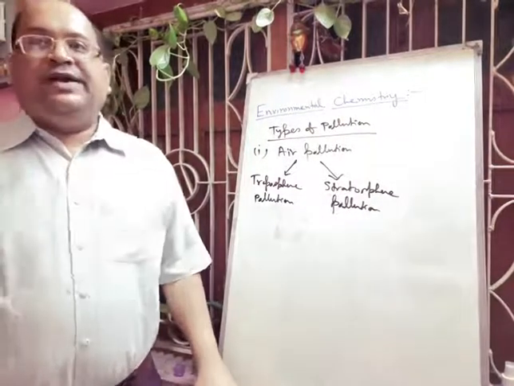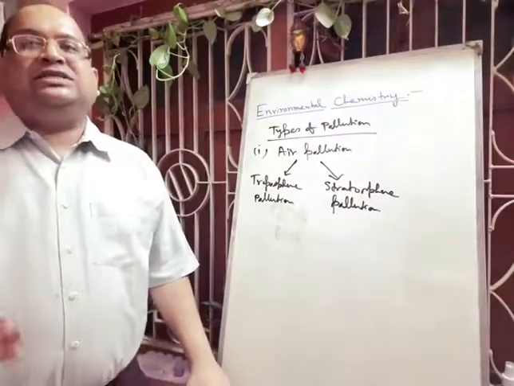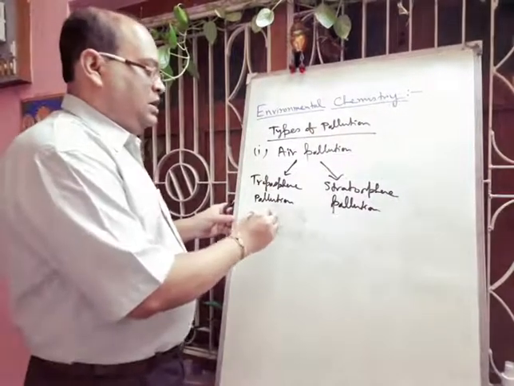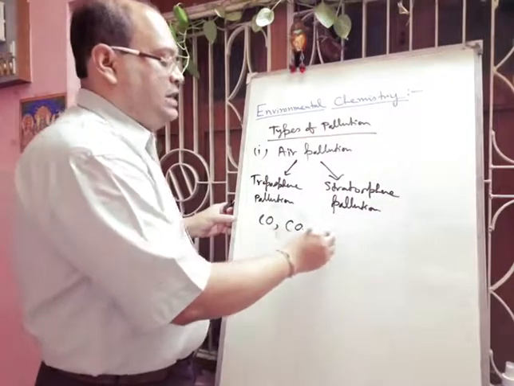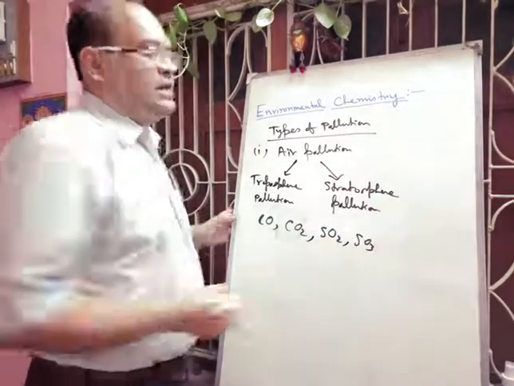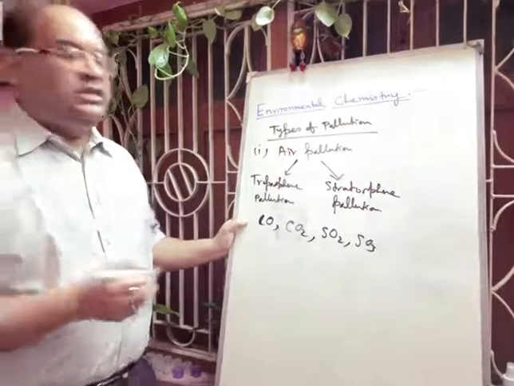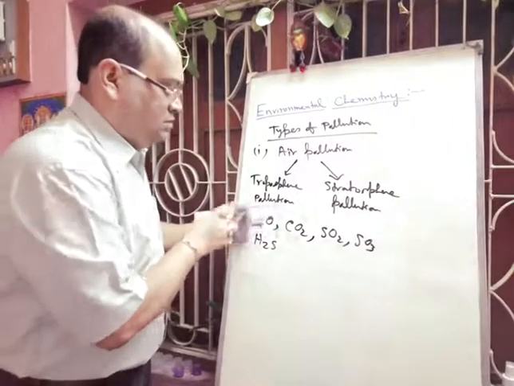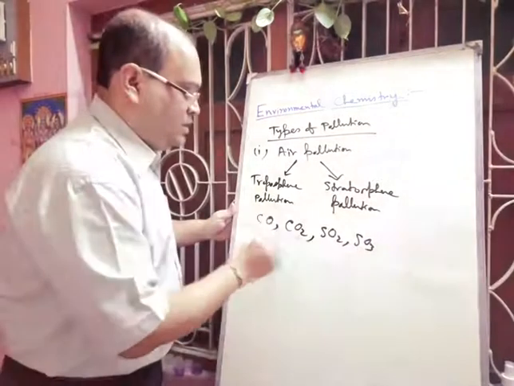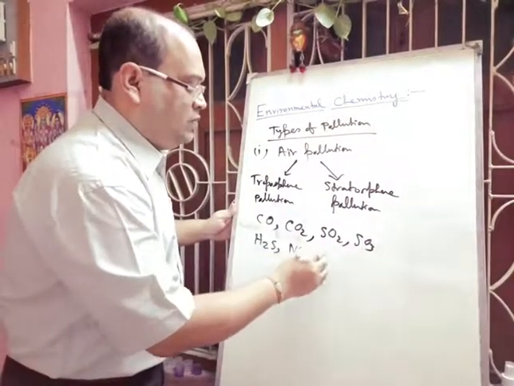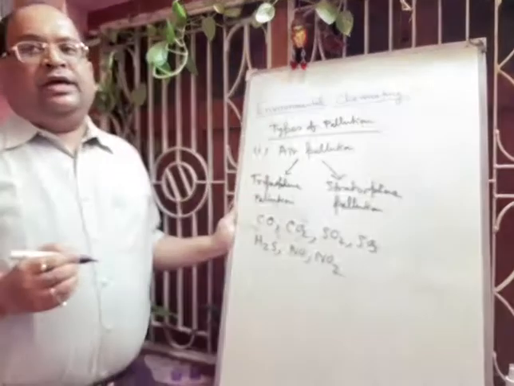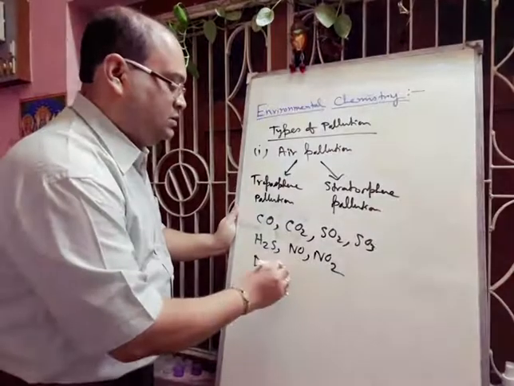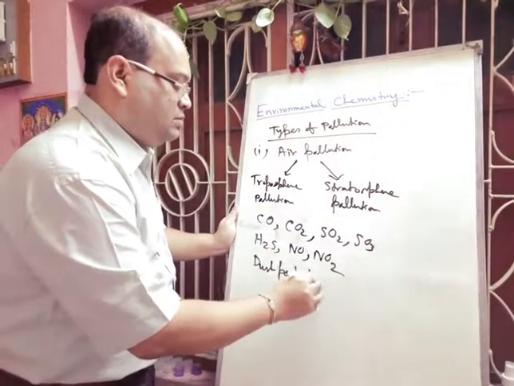Now, in troposphere pollution, the common gaseous pollutants are carbon monoxide, carbon dioxide, sulfur dioxide, sulfur trioxide, H2S, NO, NO2, and there may be dust particles, pollens.